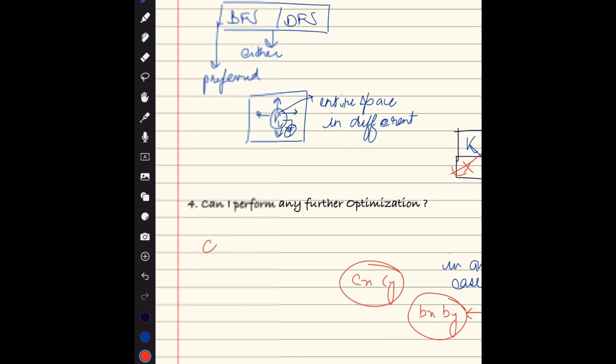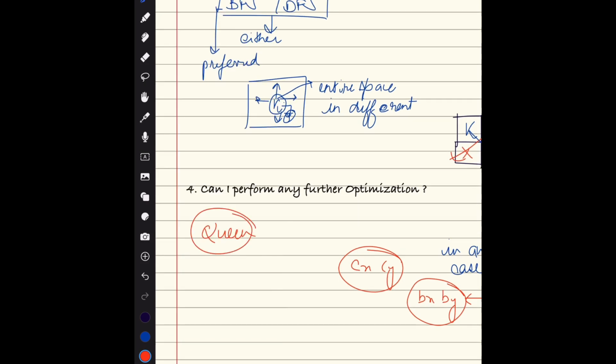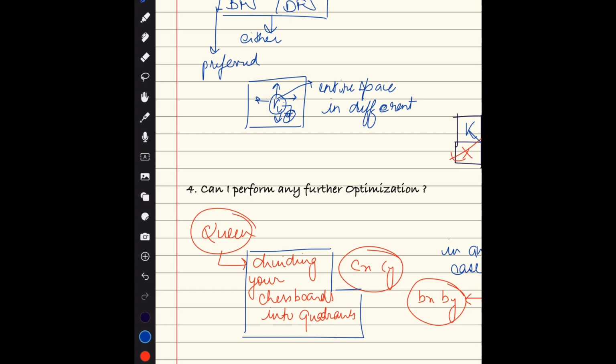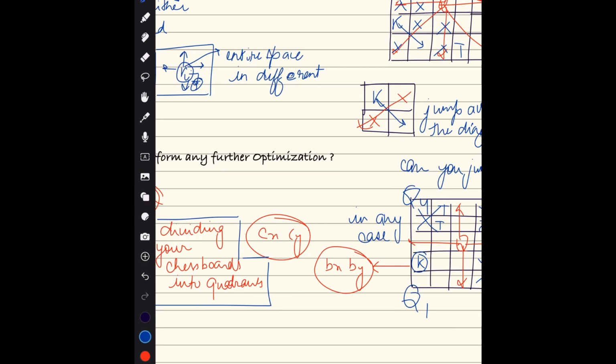If you have this queen, and this queen is dividing your chessboard into quadrants, remember, this queen is dividing your chessboard into quadrants, right? You can call this quadrant q1, this quadrant q2, similarly q3 and q4, just like in maths, right?